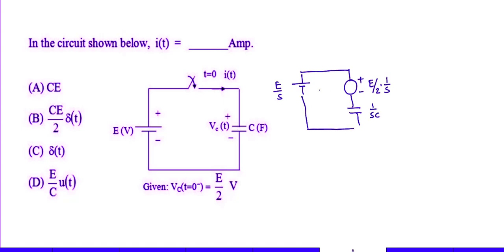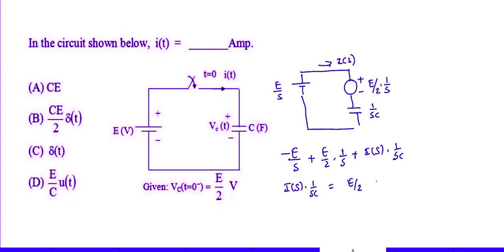He asked for current I of S, so I am taking I of S. So apply the loop: minus E by S plus E by 2 into 1 by S plus I of S into 1 by SC. So I of S into 1 by SC equals E by S into (1 minus half), so E by 2S.